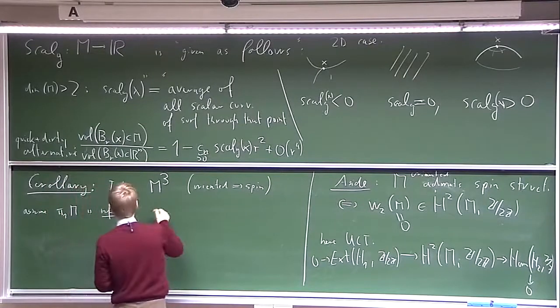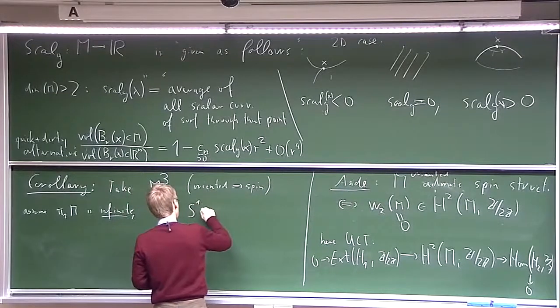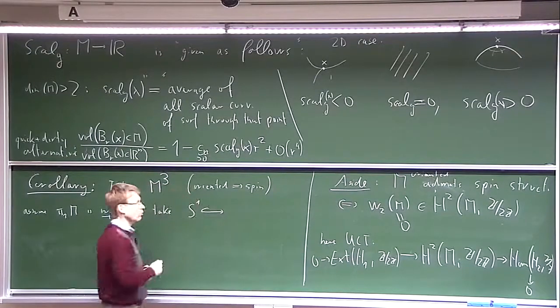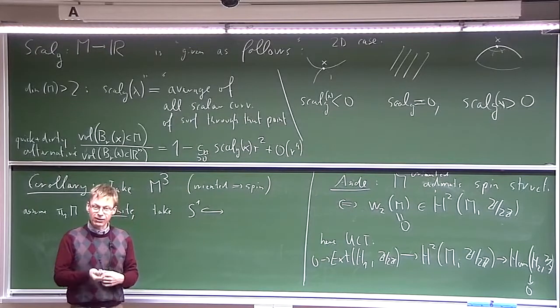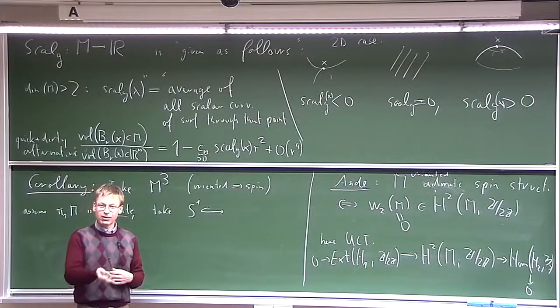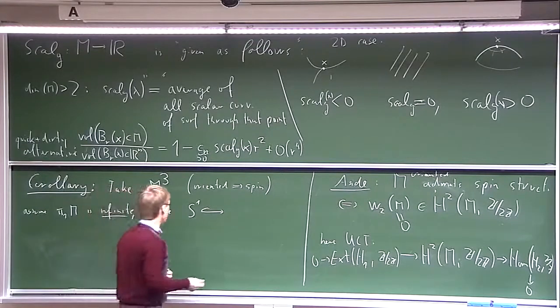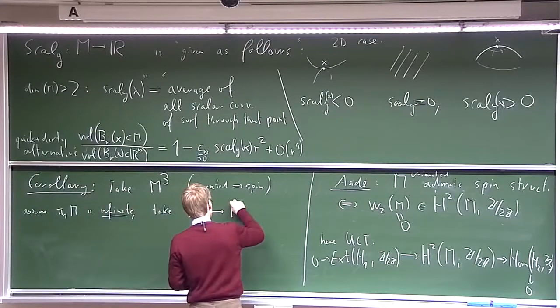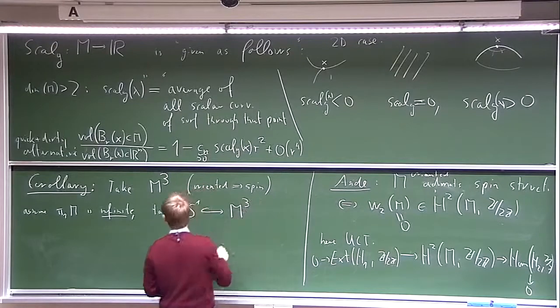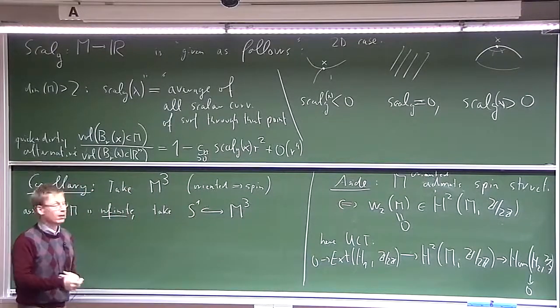In a non-oriented case, a normal bundle could be a Möbius bundle. Right, but it's oriented, which I'm assuming.